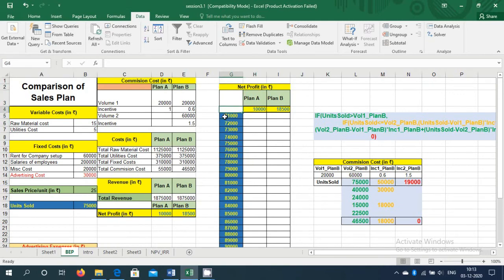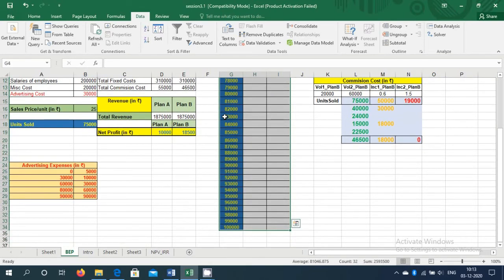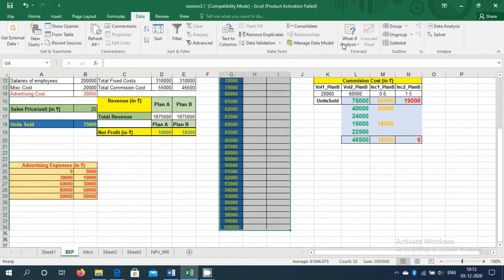For doing that, what I will do is select the whole table. This table I'll select, then I'll go to Data, then to What-If Analysis. I'll click on Data Table.